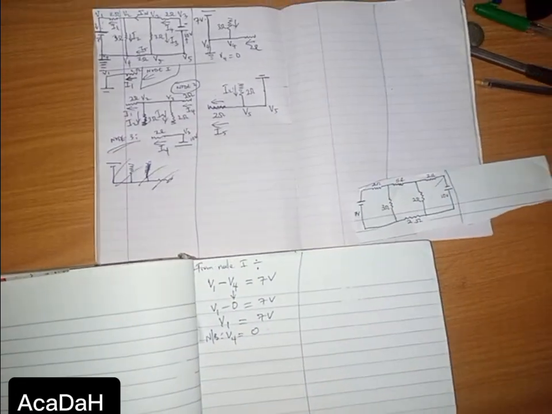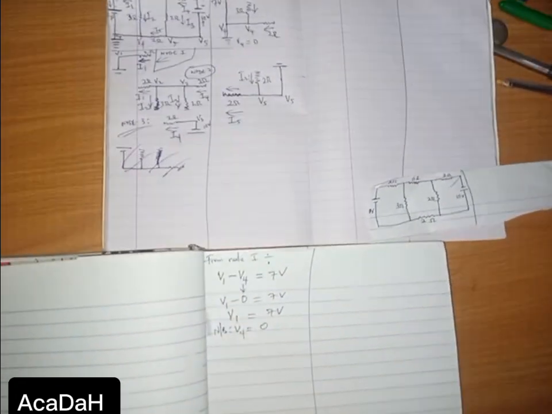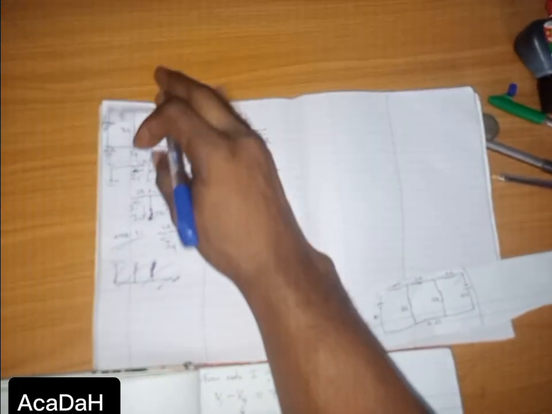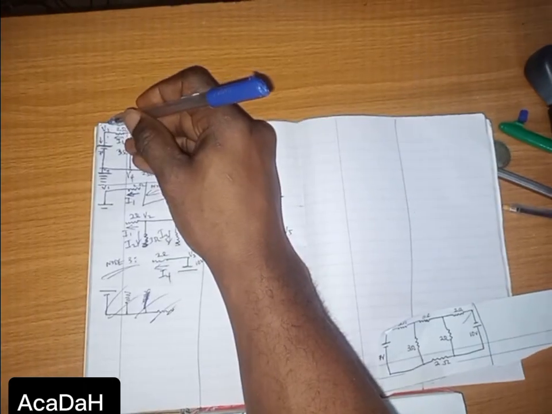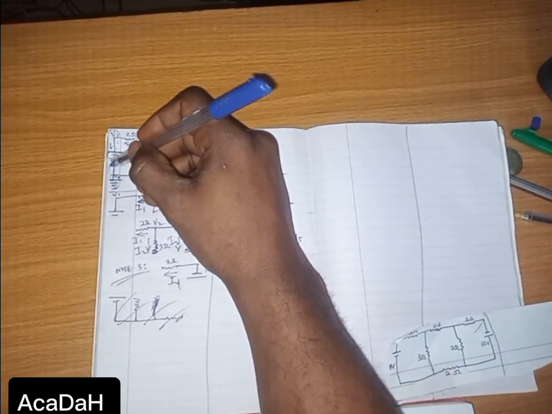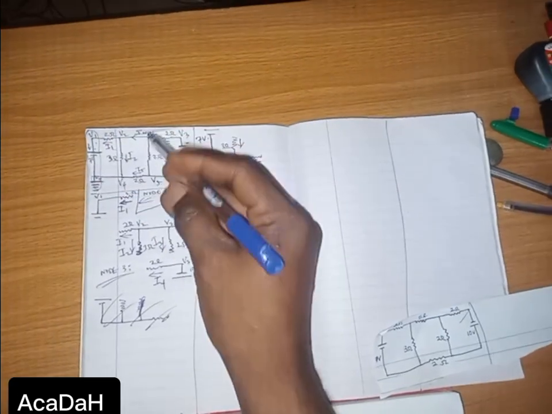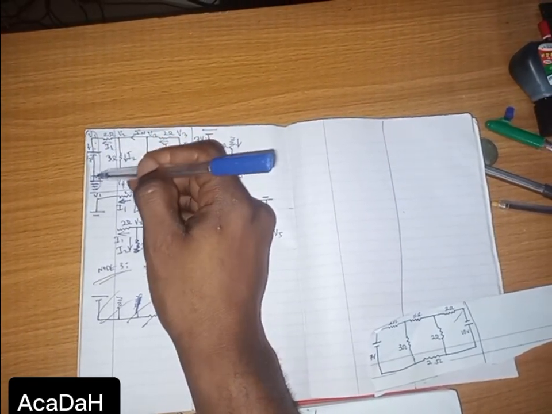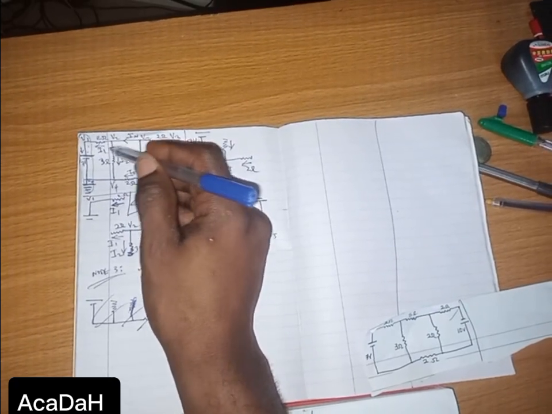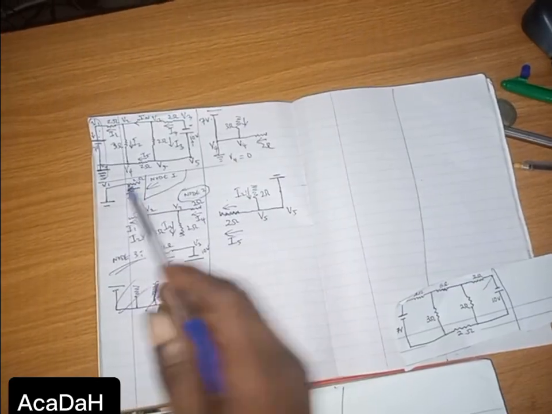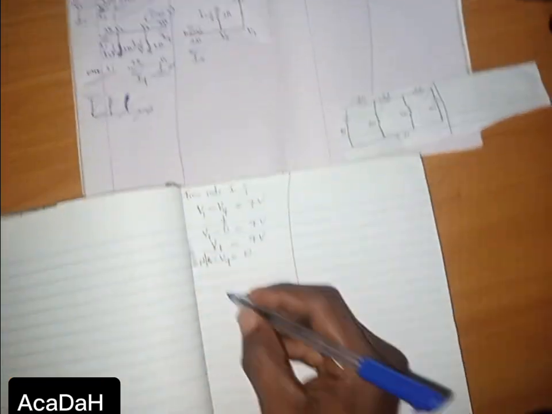Let's go back now. Anytime you have something like this that has a voltage, just the way we've done it, get the super node. How do you get the super node? Just mark out all the voltages, that is V4, the 7V and the V1. Take it out, then ask yourself, what currents are entering V1 and V4, and what currents are leaving V4 and V1. Notice, for V1, I1 is entering it. Anything that is entering, call it positive. I1 positive.